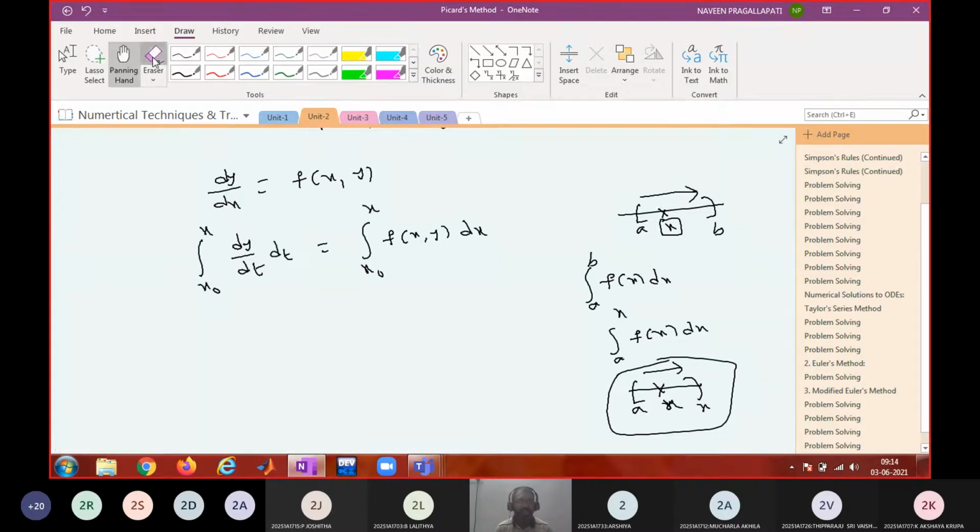So wherever x is there, I have to replace that x with some other symbol. You can use t, you can use z, any symbol other than x. Hope you understood this point.